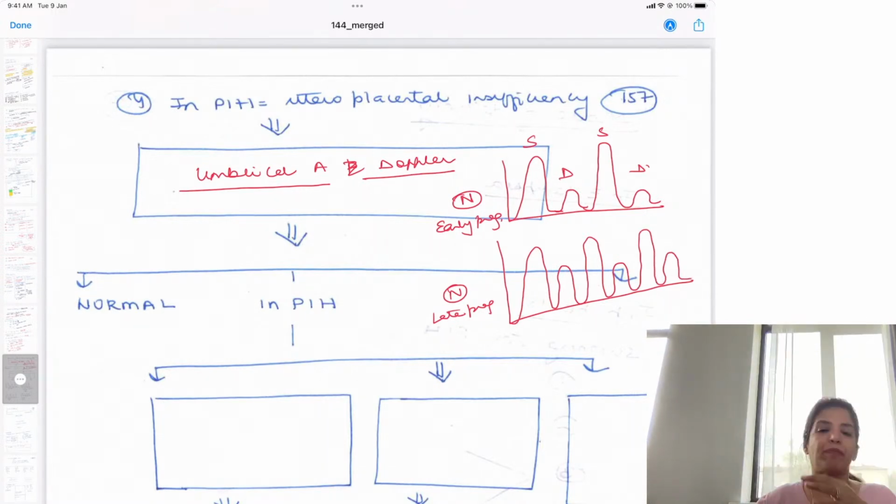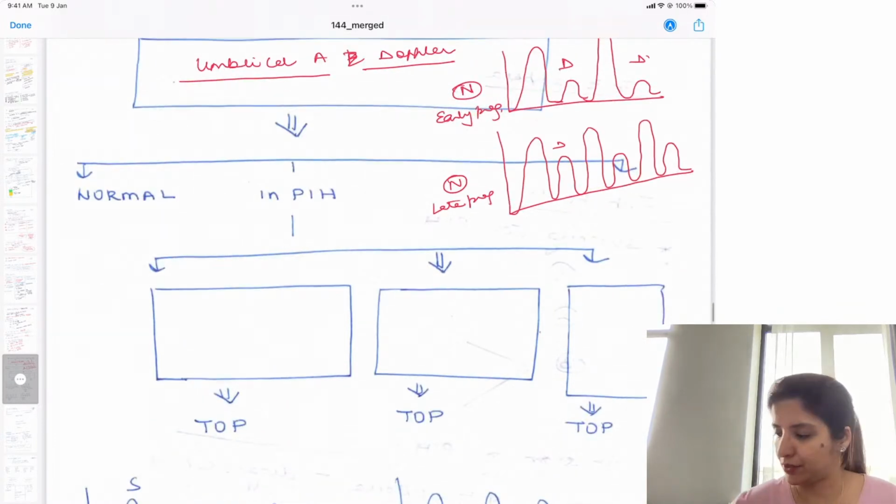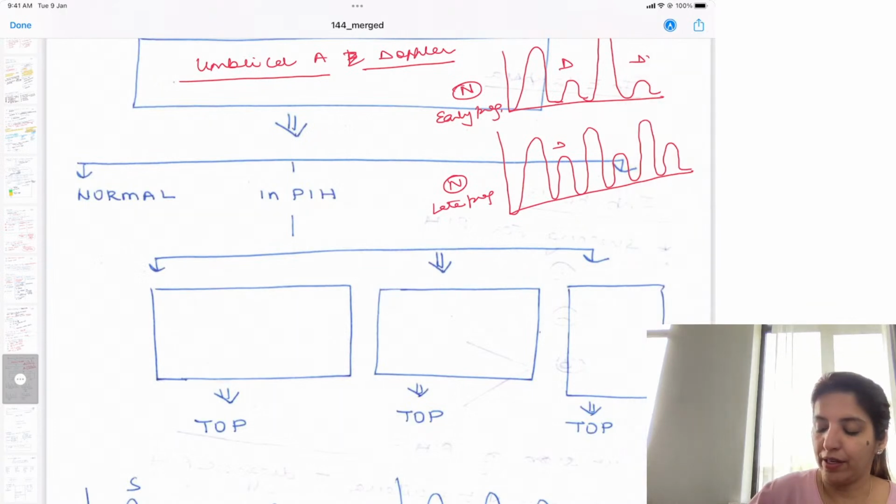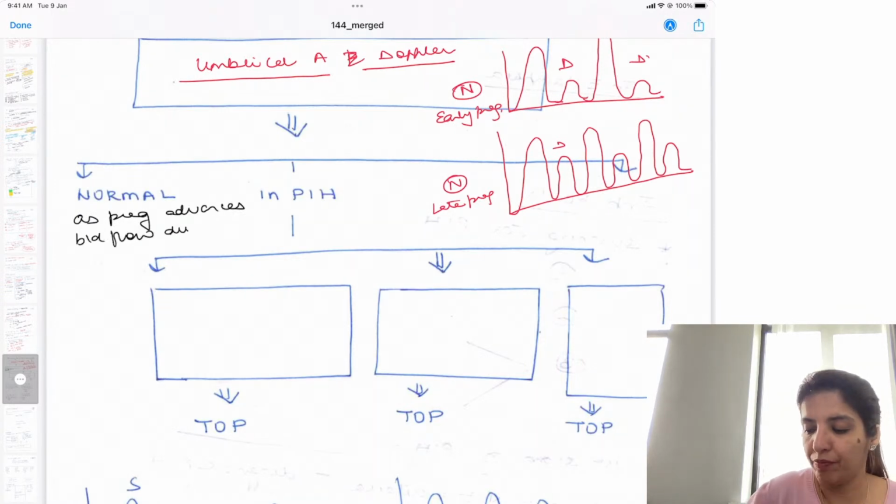So write down this. Normally, as pregnancy advances, blood flow during diastole increases, right?